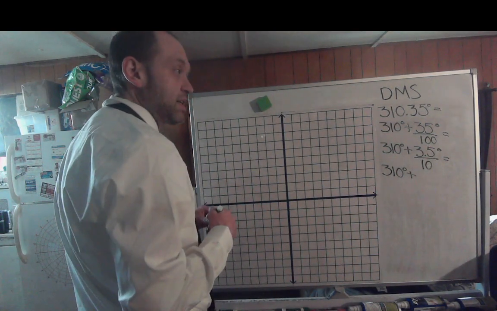So this would end up being 310 degrees plus, now what is 3.5 times 6? That would be 21. So you'd end up having 21 out of 60 degrees.